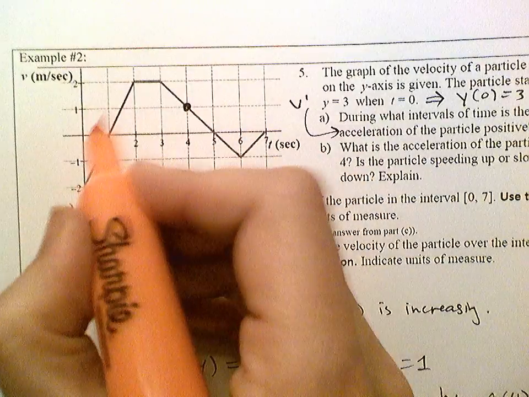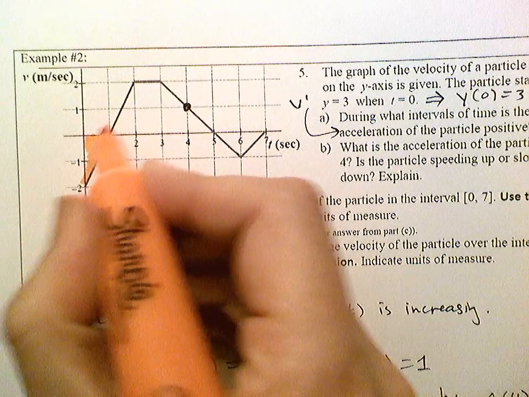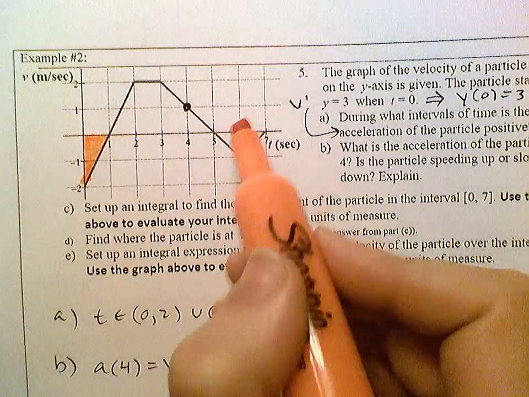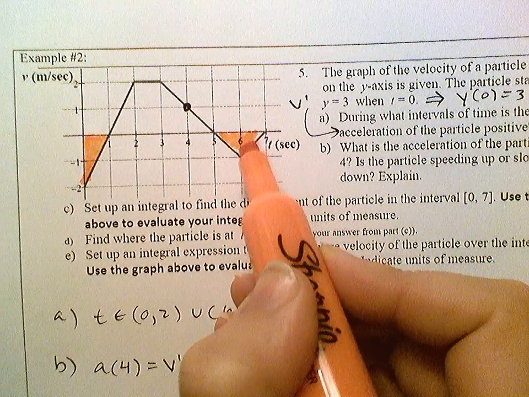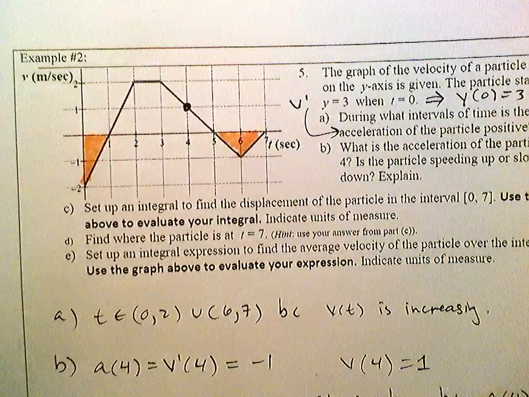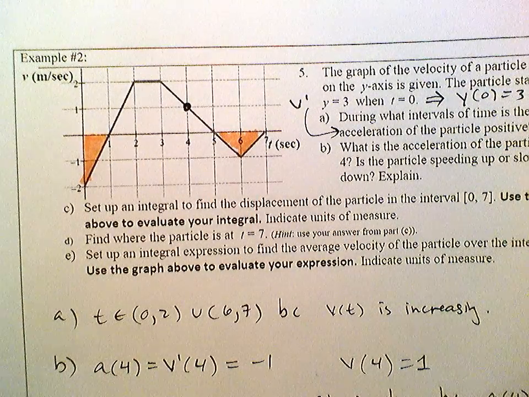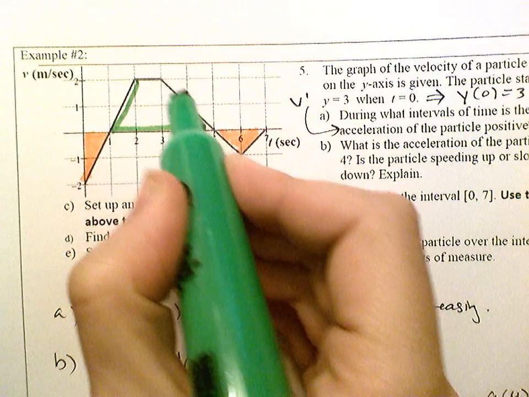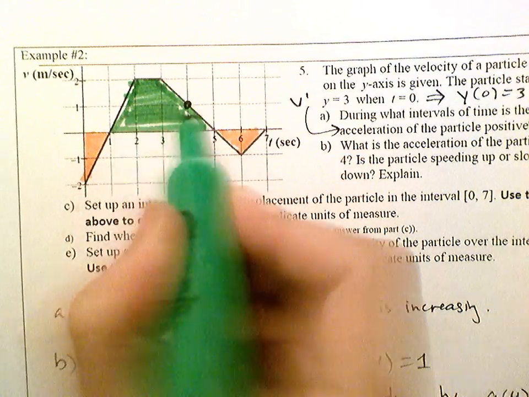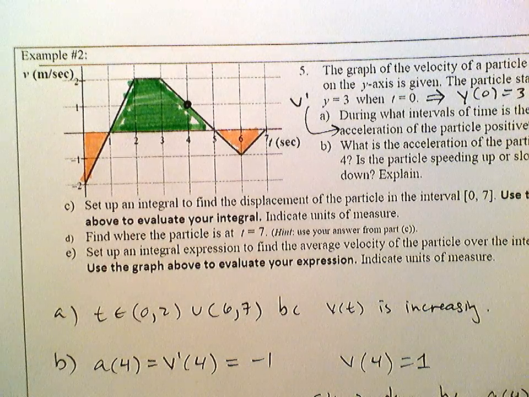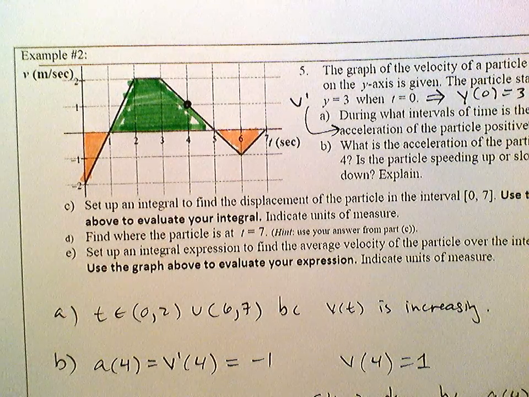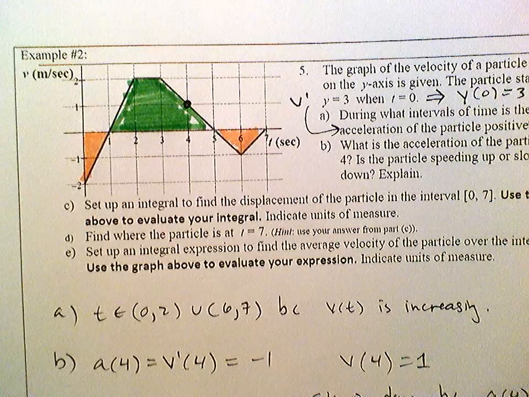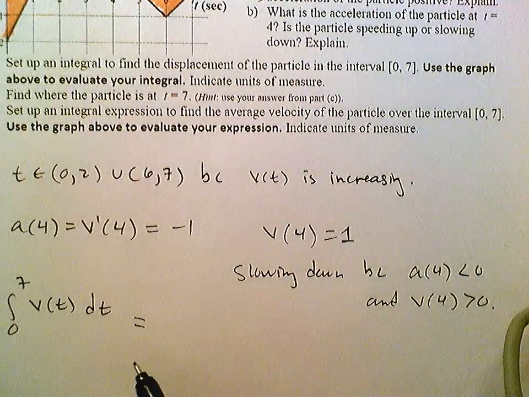When I look at this, I see 3 shapes. I see this triangle, which will have a negative area. And then I see this triangle, which will have a negative area. And then I see this trapezoid. And if you ever forget the formula of a trapezoid, you could split that up into rectangles and triangles. So I'm going to split this integral up into 3 integrals.